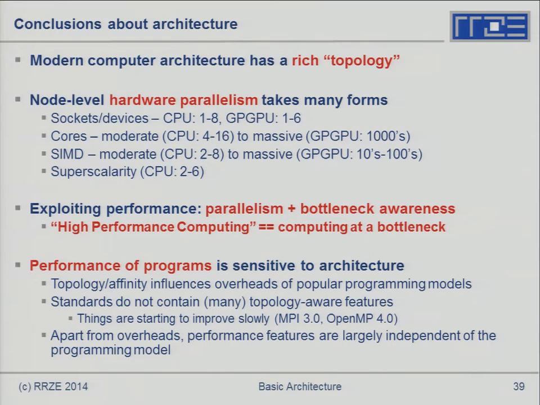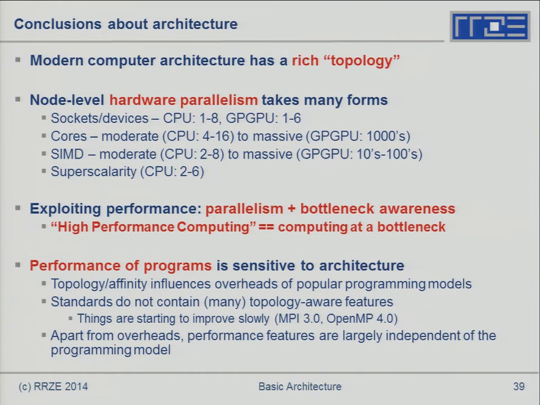Modern computer systems have a rich topology, meaning we have shared and separate resources, shared and parallel resources, which you have to think about. We have hardware-level parallelism on the socket level, so we have cores, CPUs, GPGPUs, probably several of them in the node. We have SIMD-level parallelism between 2 and 8-way, probably 16-way parallelism today.